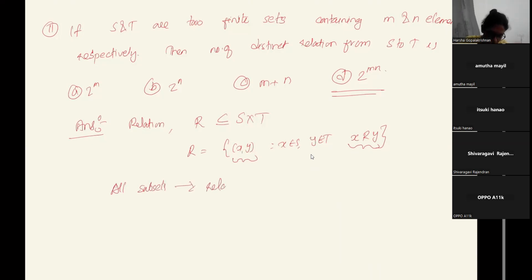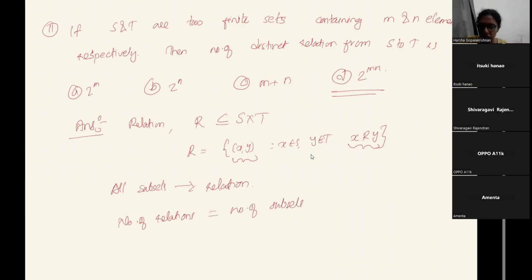So the number of relations is the same as the number of subsets of S cross T. Any relation is a subset of S cross T. Is this condition clear?